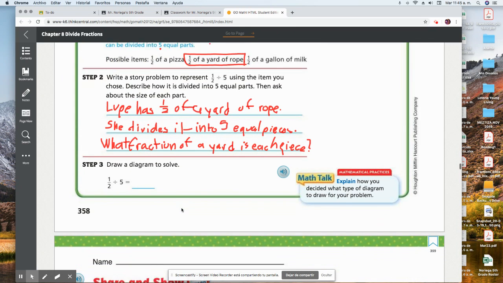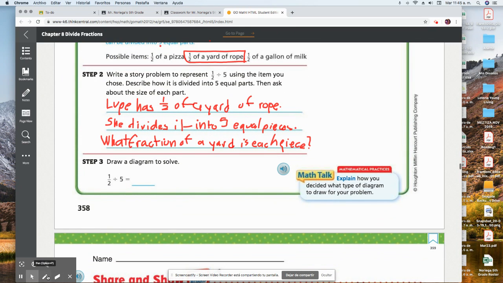Okay, step 3, draw a diagram to solve. To represent 1/2 of a yard of ribbon, I'm going to draw a rectangle. And of course, I am going to divide it into halves.